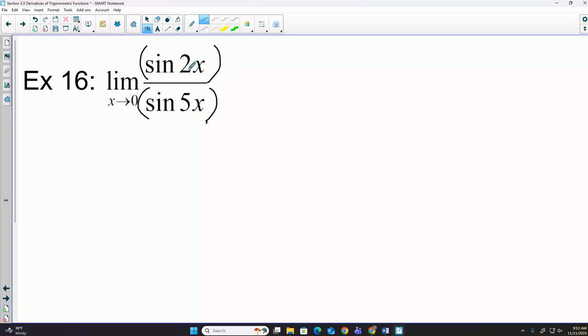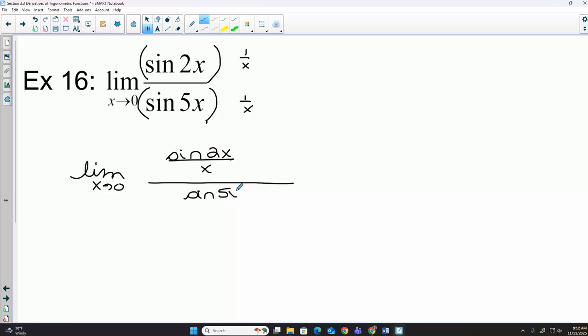So if I need this to be a 2x over 2x and a 5x over 5x, what do both of them need on their denominator? X. So let's multiply top and bottom by 1 over x. So that gives me a sine of 2x over x on top, 5x over x on the bottom.